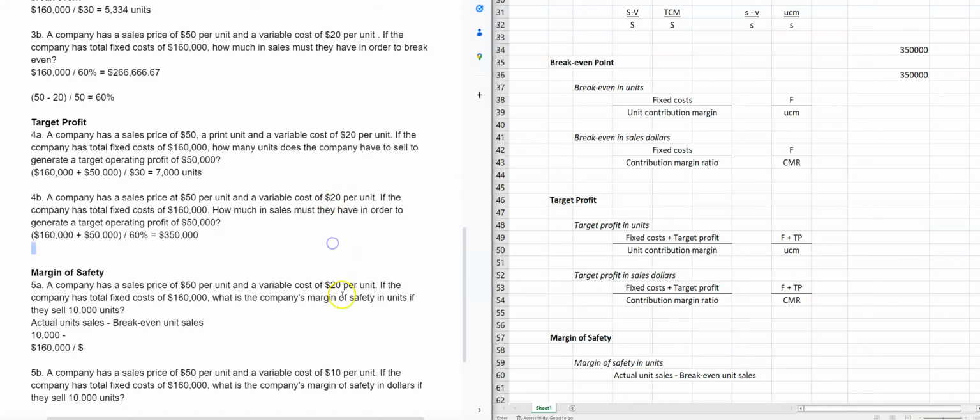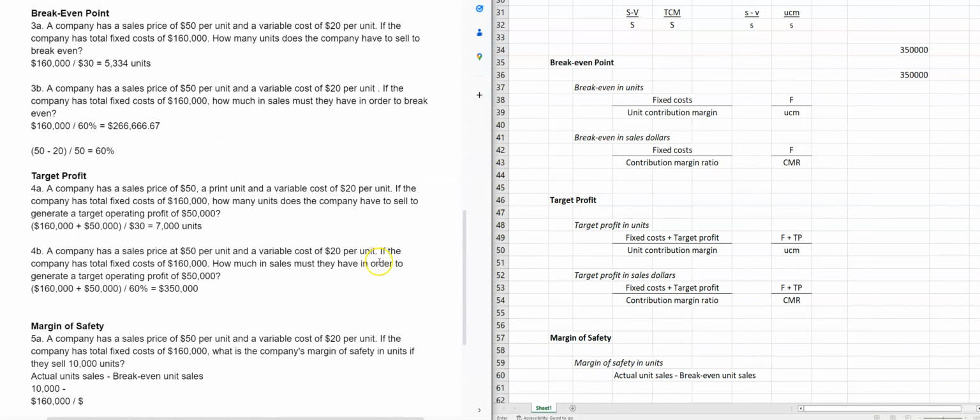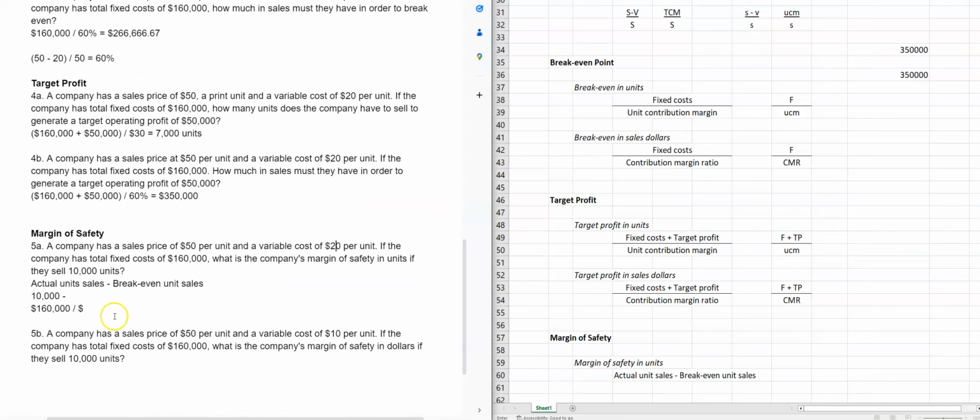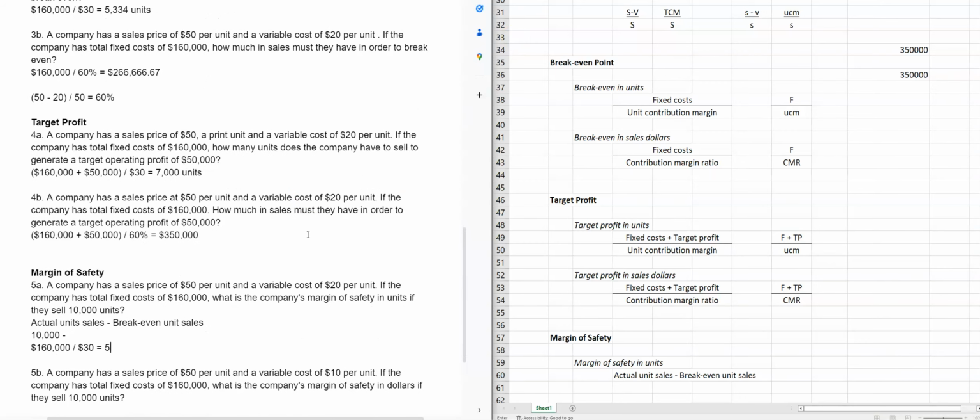Same company, same example. So 50 minus 20, that's $30. And if we did the math, that would end up being 5,334 break-even units. So again, we have 10,000 actual unit sales, and in order to break even, we would have to sell 5,334 units.